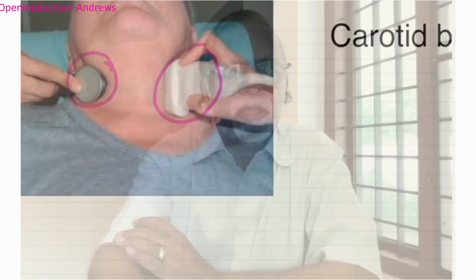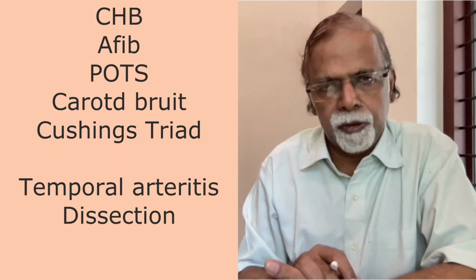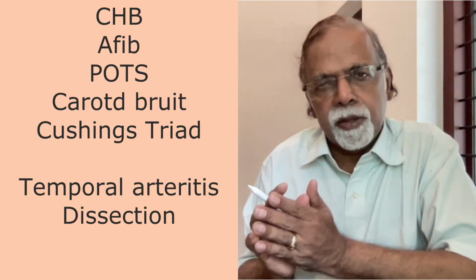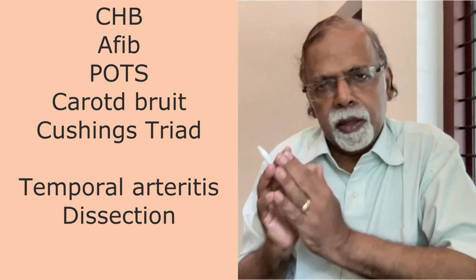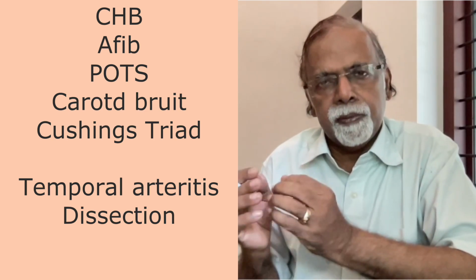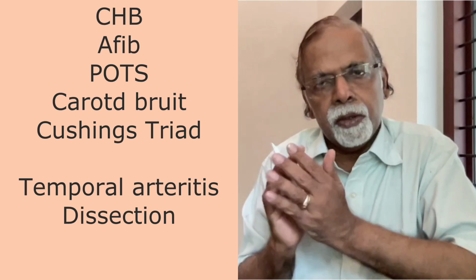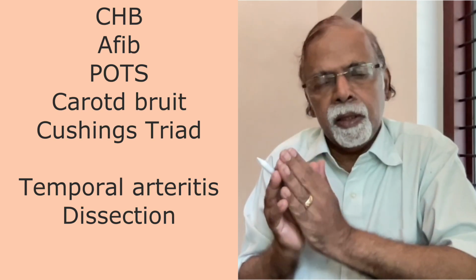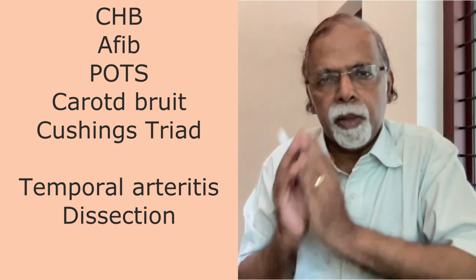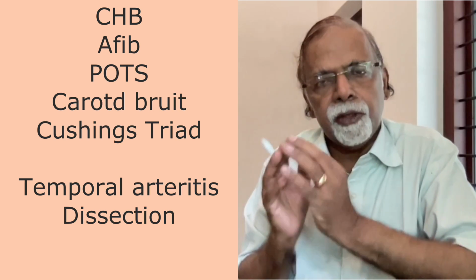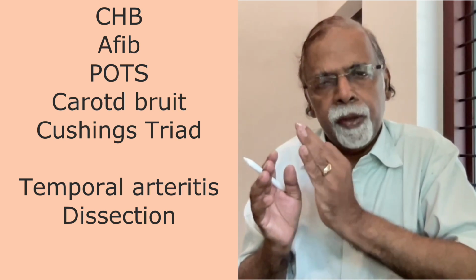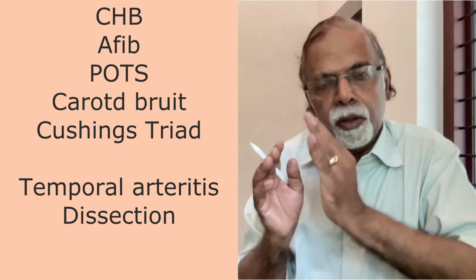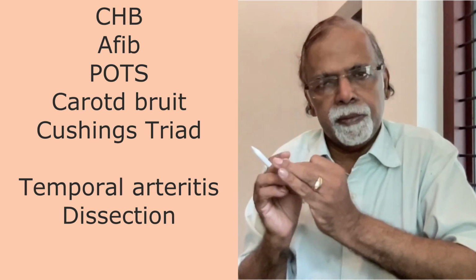Today we have discussed the importance of examination of the pulse and common conditions that you should not miss. Any patient with bradycardia and giddiness, think about complete heart block. Any patient with a stroke, palpate the pulse for 1 minute, don't miss atrial fibrillation.